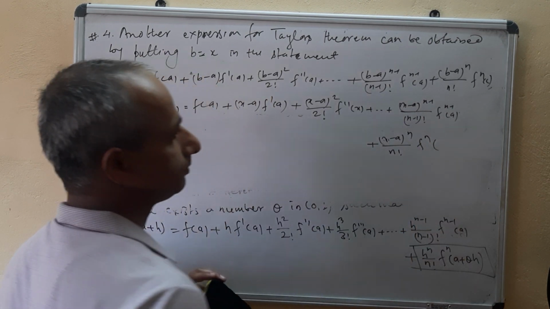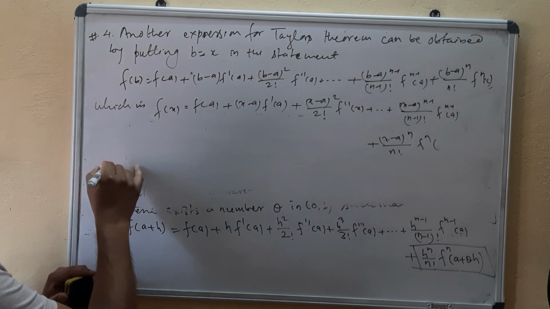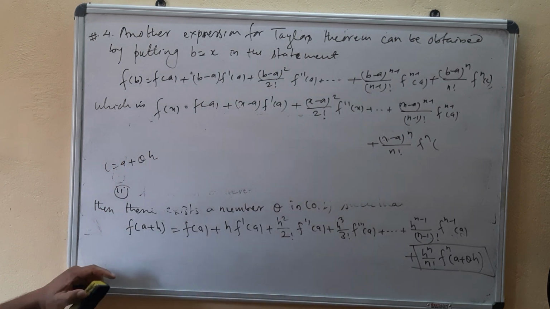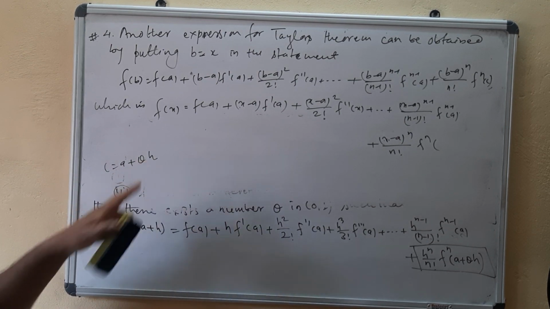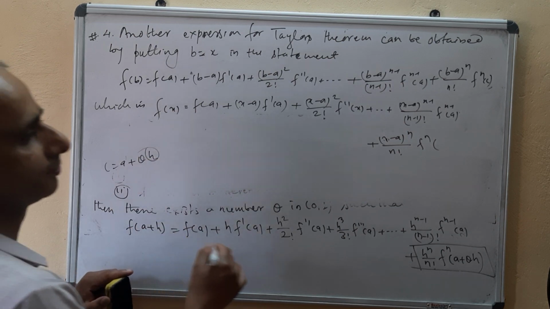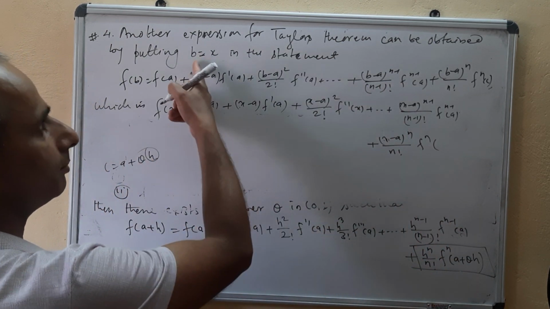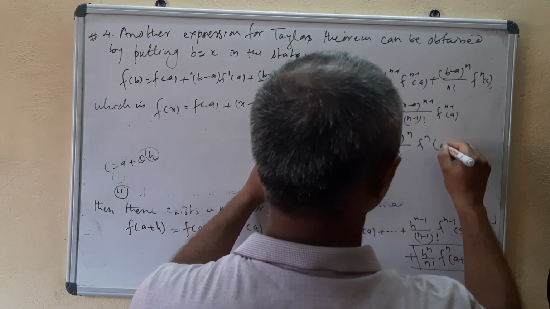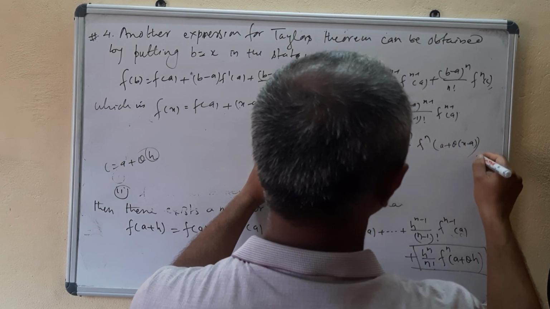In place of c, what will be there? Actually we have got c equal to a plus theta h, isn't it? So here we'll write a plus theta h, meaning x minus a will be there, because the height of the interval, we have taken interval a to x, isn't it? There will be a plus theta times x minus a.